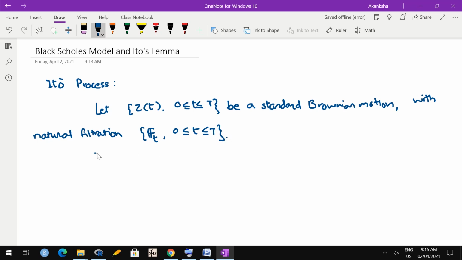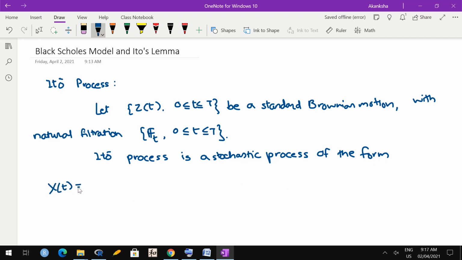Then an Ito process is a stochastic process of the form, so it satisfies a certain form. Let me write down Xt.